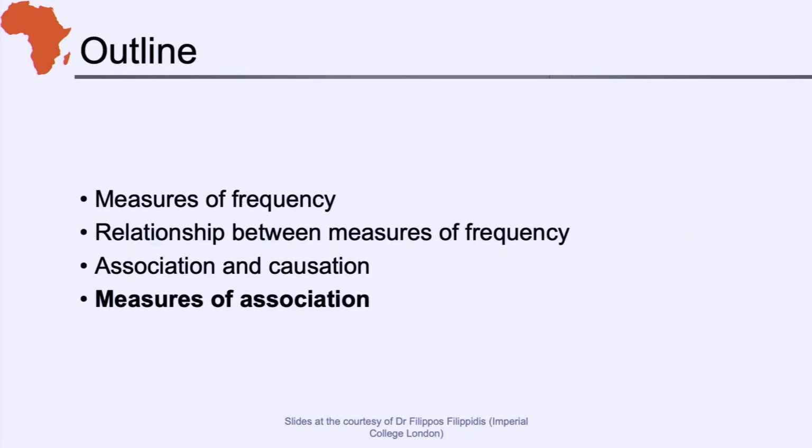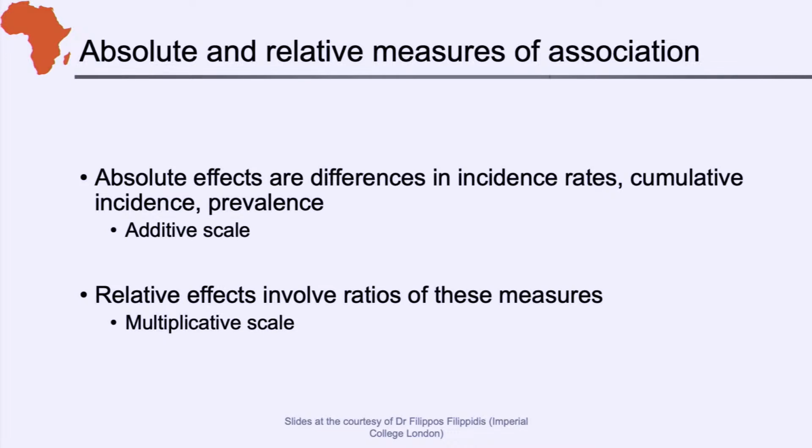Okay, and finally we have measures of association. These can be in absolute or relative measures. Absolute effects are basically, simply put, the differences in incidence rates, cumulative incidence, or prevalence. They are on an additive scale, whereas if you speak in relative terms, you're on a multiplicative scale, which involves ratios of those measures mentioned above.